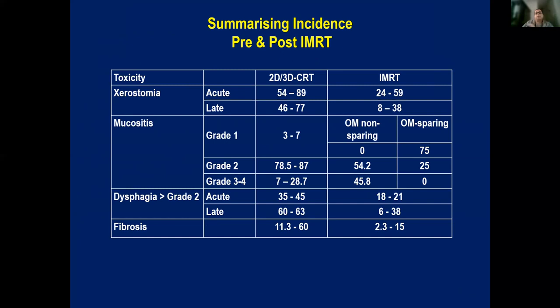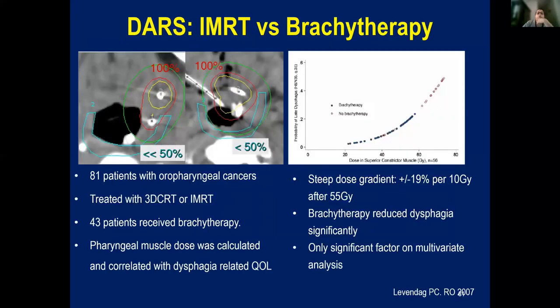If you look at the difference, this is what it is. With the use of IMRT, there is a definite reduction in various dysphagia aspiration related events, and this is primarily not only because of reduced doses to dysphagia aspiration structures, but various other sequelae of radiotherapy also.